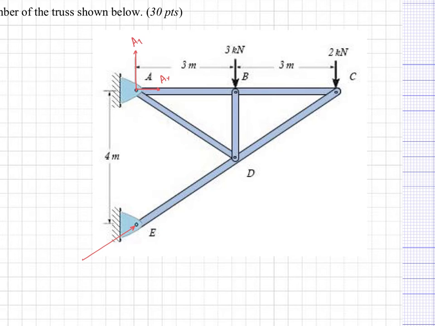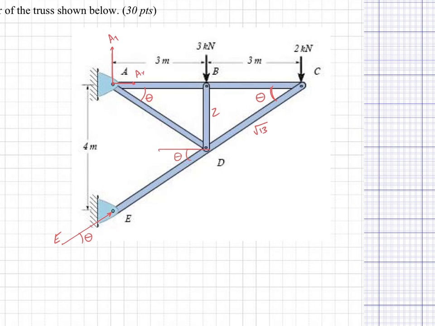Okay, so we're going to call this E, and it's going to be on an angle here. Now we have to figure out what that angle is, and we'll note that that angle is the same as this angle. So this is a 2, 3, square root of 13 triangle, right? So what we're going to do is we want to get that angle, theta, because that theta is the same as this angle theta, is the same as this angle theta, right?